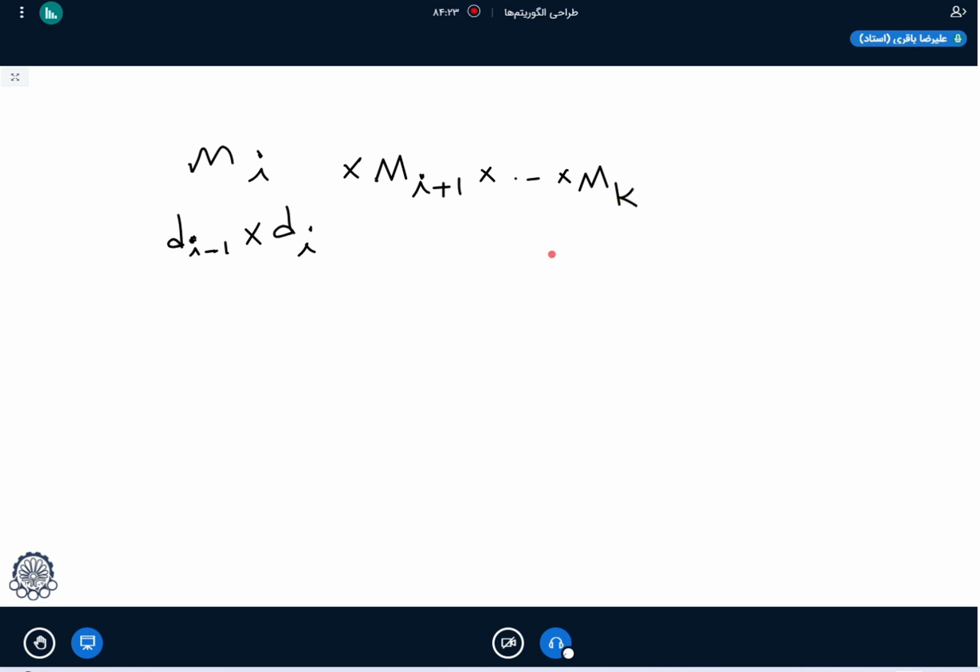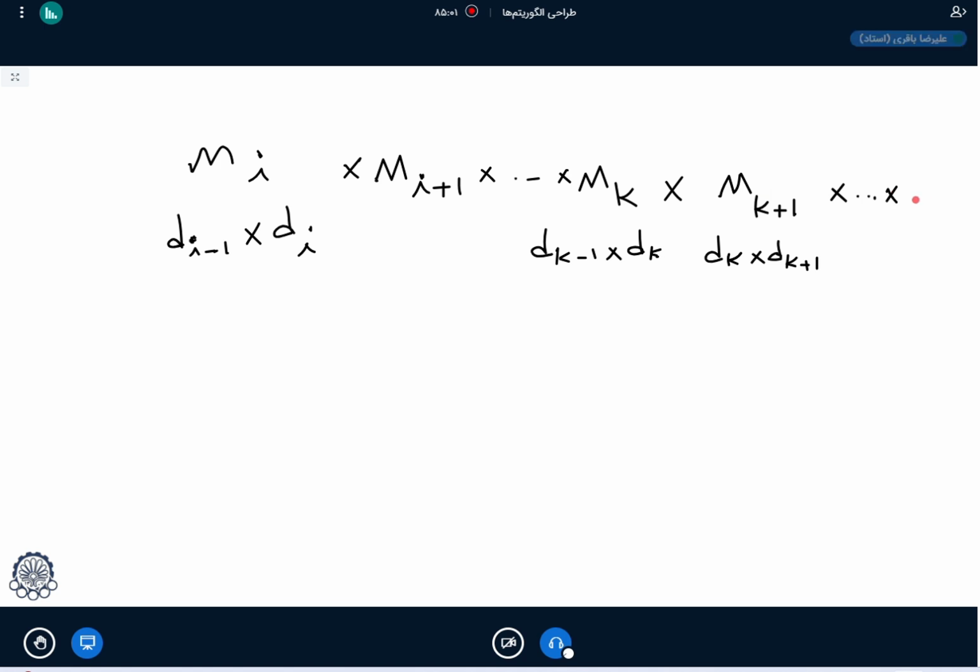The dimension of Mk is dk minus 1 by dk. For Mk, the number of rows is denoted by dk minus 1 and the number of columns by dk. Then it is multiplied by Mk plus 1, whose dimension is dk for the number of rows and dk plus 1 for the number of columns.